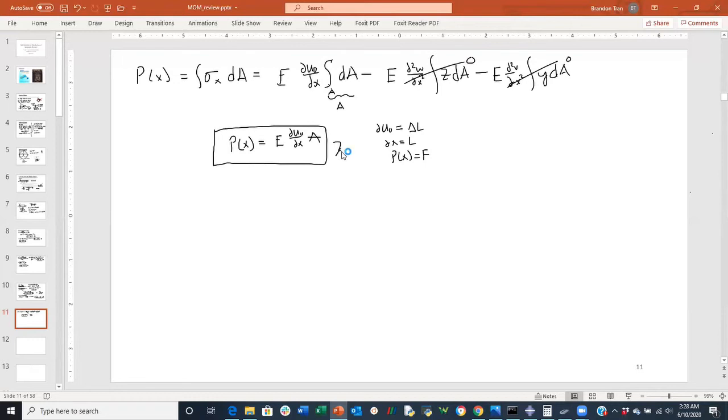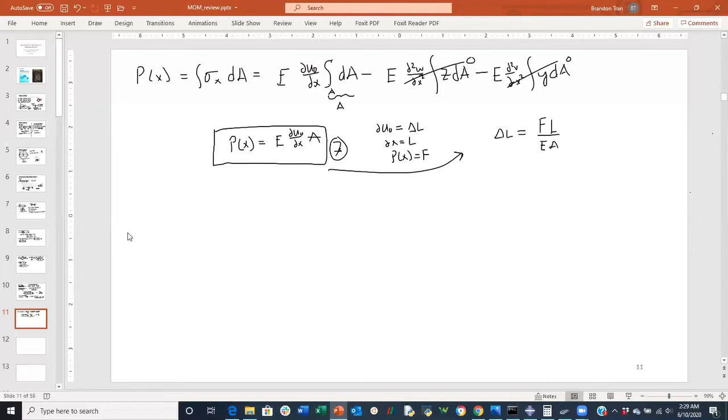Equation 7. This can be written as delta L equals FL over EA. That again is the elongation in the x direction that you probably learned in your mechanics of materials class. So pretty neat that we've been able to achieve this through this system of derivations.